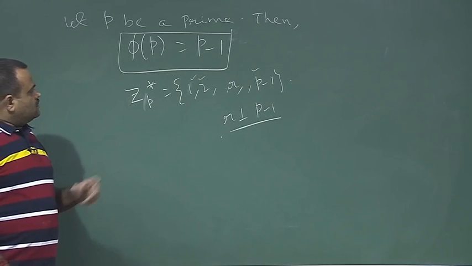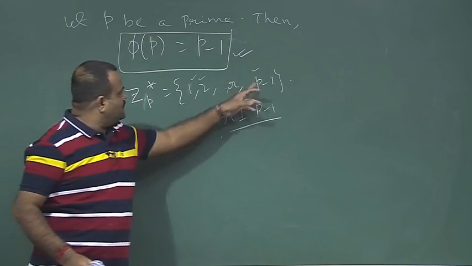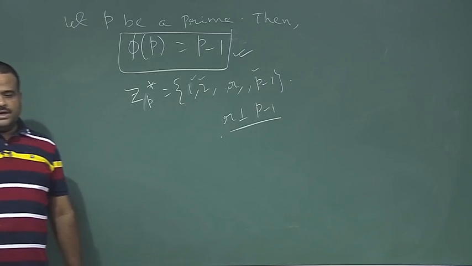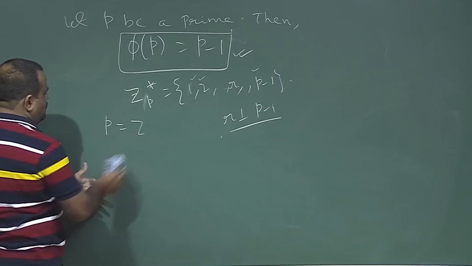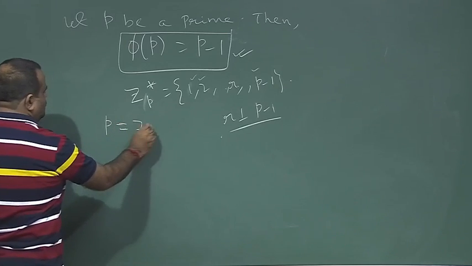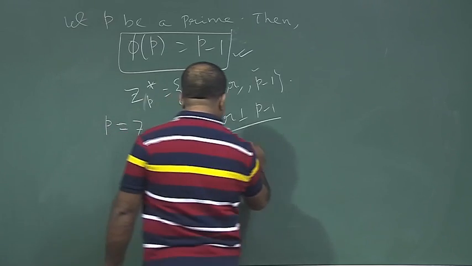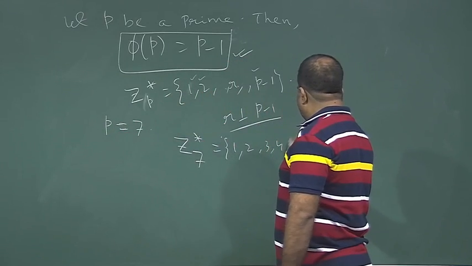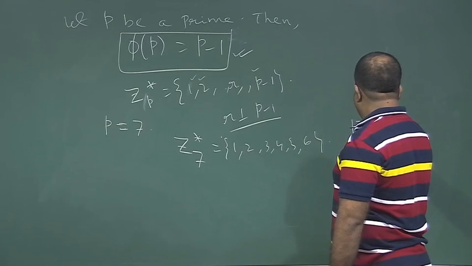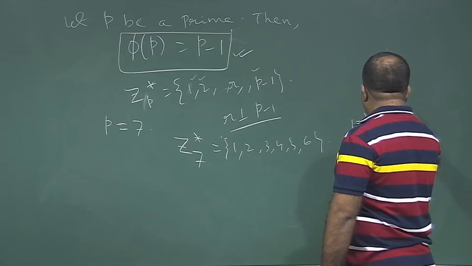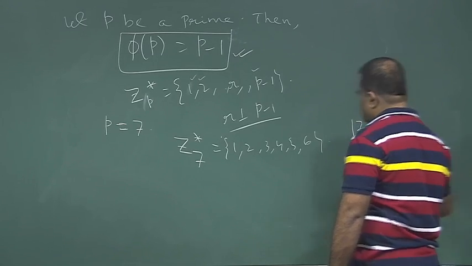So, since p is a prime, this is quite straightforward. Then the number of elements here is p minus 1. Say for example, if p is equal to 7, then we know Z7 star is basically 1, 2, 3, 4, 5, 6. So, the number of elements is basically 6, which is 7 minus 1.